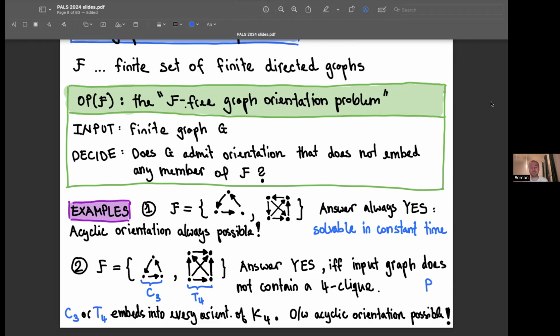This would give that the F-free orientation problem in this case is solvable in polynomial time, because you can always check in polynomial time if a graph contains a K4. You just need to go through all the four element subsets of the graph and check if there are edges everywhere. And there are only polynomially many four element subsets of the input graph.